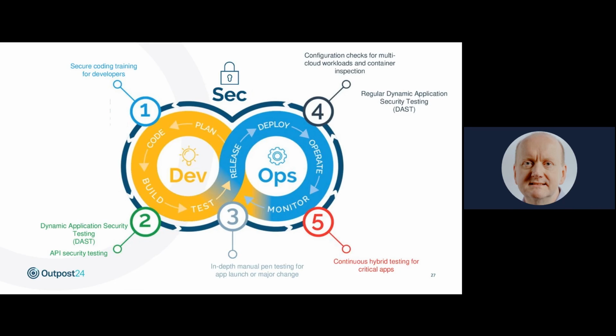And then finally, as we move through deployment into ongoing operation and monitoring of the application, doing different kinds of penetration testing, either one-off testing, periodic testing, or more continuous tests, to make sure that we are keeping on top of any vulnerabilities that may be introduced.